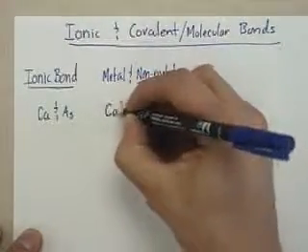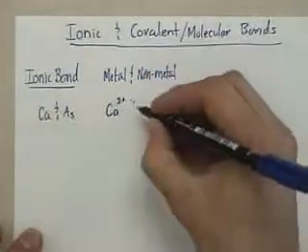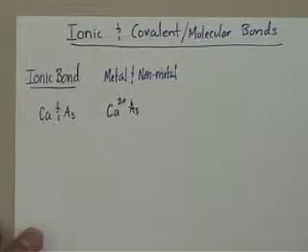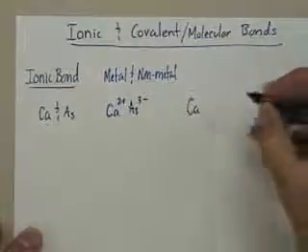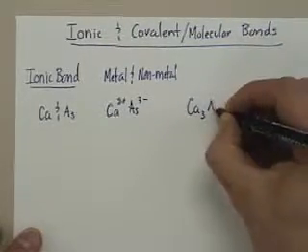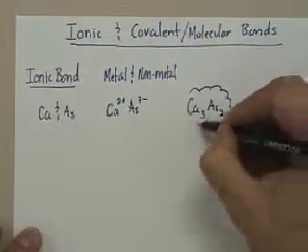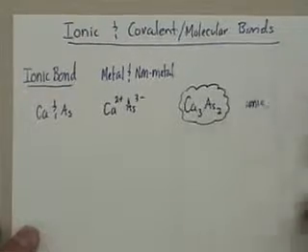You find out that calcium is 2 plus, and arsenic is 3 minus. They crisscross to be calcium 3, arsenic 2. So the crisscross is the same. The only thing you might have to do is identify this thing as ionic.